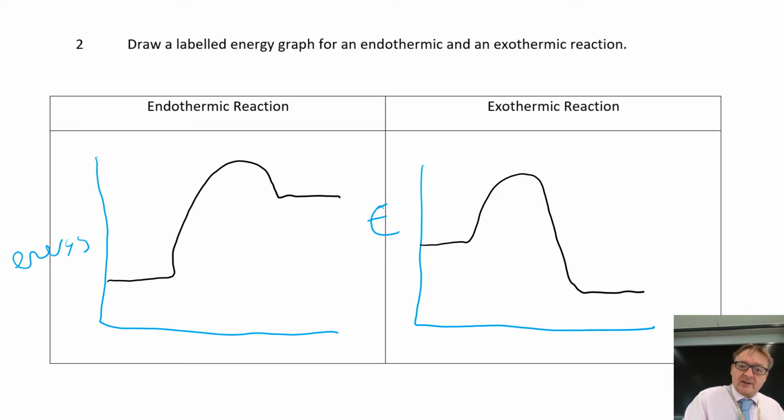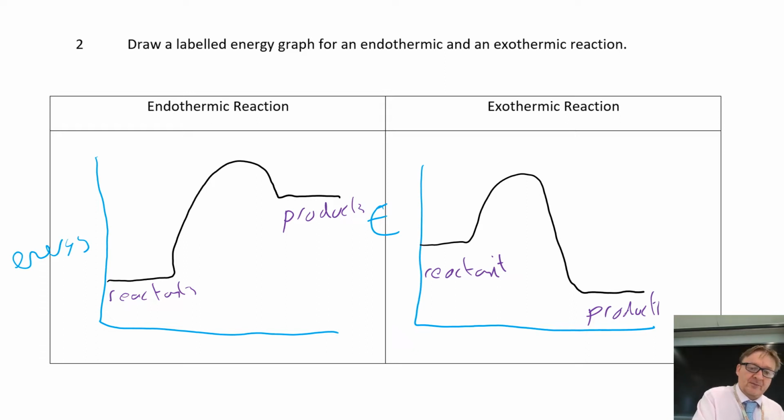Okay, label it up a little bit. What we've got here is the reactants, and then we've got the products, which is what is made. Then we've got to know the activation energy. The activation energy is the amount of energy required to make the reaction happen. It goes from there, up to there, and to there. That is the energy required for an endothermic reaction.